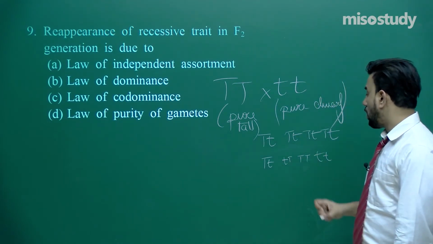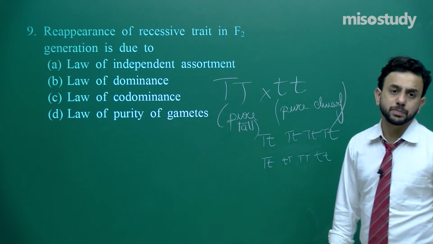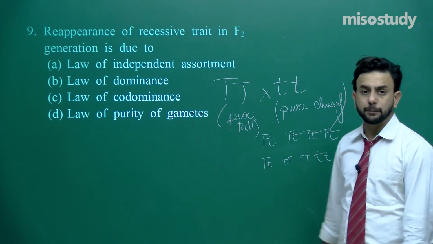The ratio of genotype is 1:2:1 and the phenotypic ratio is 3:1.